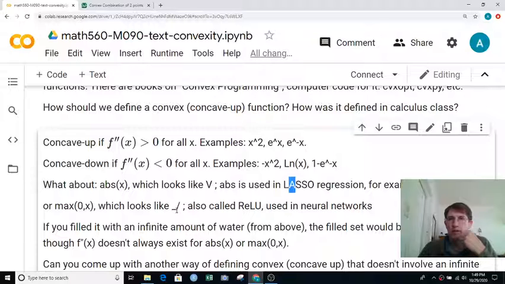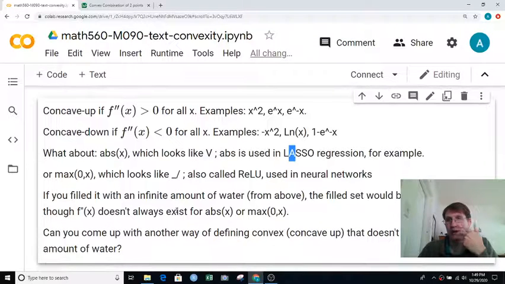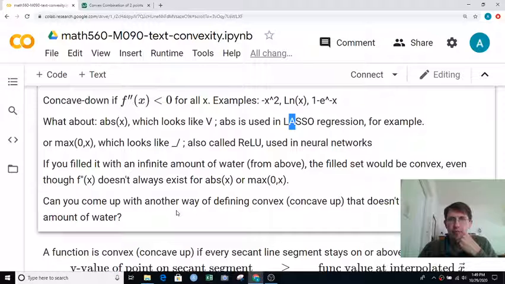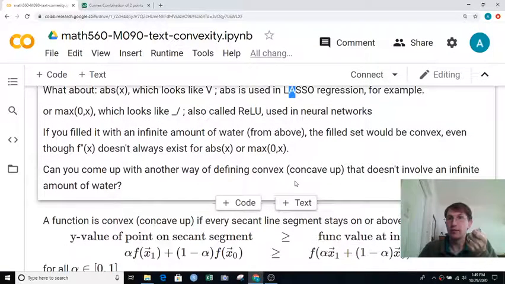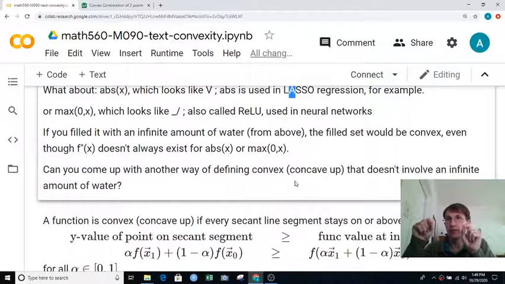So can you think of another way of defining a concave up function or convex function that doesn't involve an infinite amount of water? Because I don't happen to carry around an infinite amount of water usually. So think about how you might define that. Well, the way we defined convex is that if you pick 2 points, then everything between those points stays within the region.